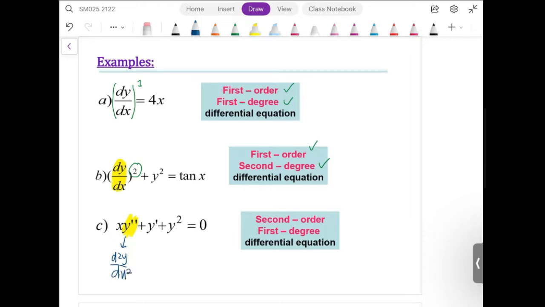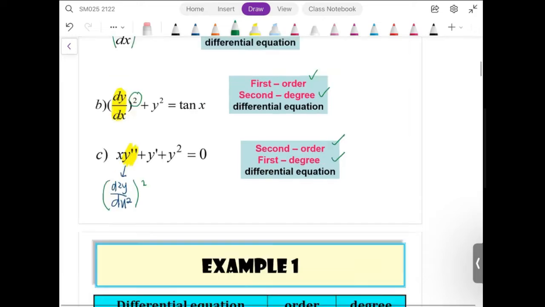So this would be second order, because it has become the second derivative there. But it is still to the power of 1, nothing there. That's why it will be first degree. Questions can come out like this, simple. From the differential equation, identify the order and the degree of our equation. That's an example.